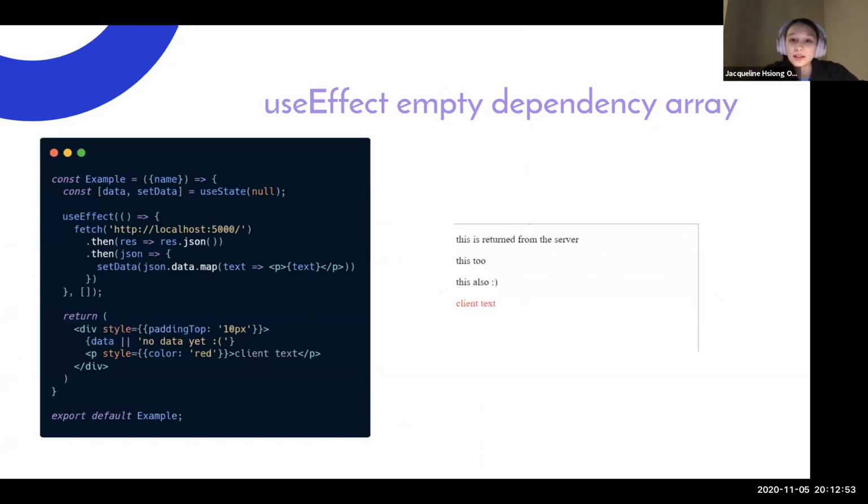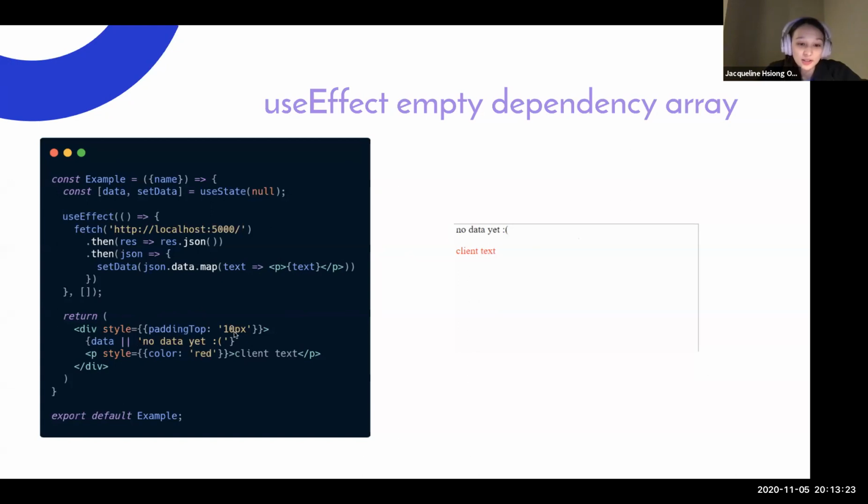So having an example with an empty dependency array, I said that it can be used to fetch data from an API call. So here, we're just fetching some endpoint that's going to return us some data, and we're going to map each of those text lines to a paragraph, and then just return, if our data state variable is not null, this list of paragraphs.